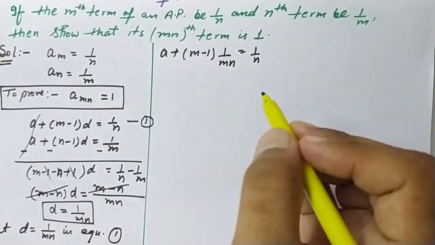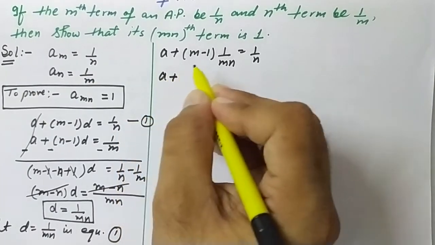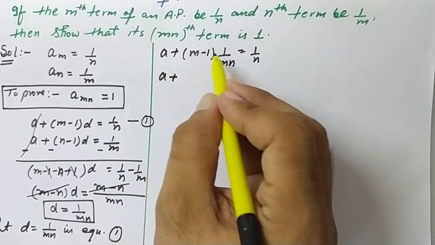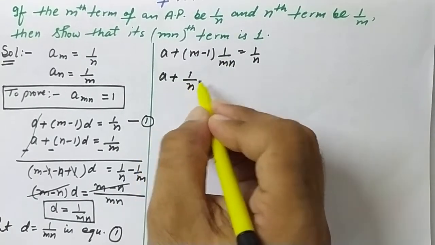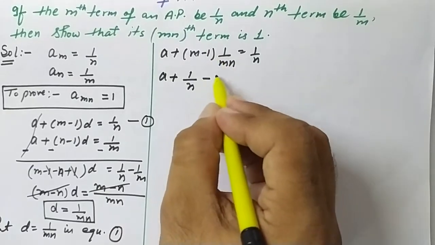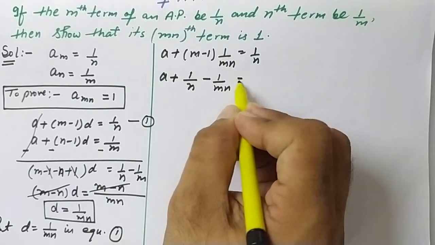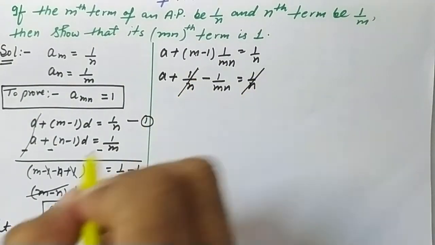So let's solve this. We'll get from here a. Okay, so a plus, now you can multiply here m into 1 over mn, that will give you 1 over n, right? m m will cancel. So 1 by mn into 1, that is 1 over mn is equal to this. So these are same on both sides of the equation, can be cancelled.